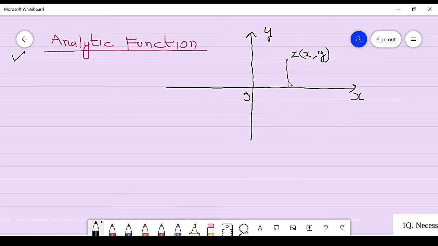Taking O, M and P, this OM is x and this part is y, right? And this part is r, which is called the radius vector and the magnitude of the complex number.